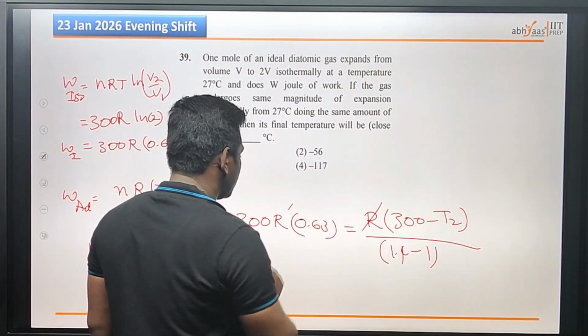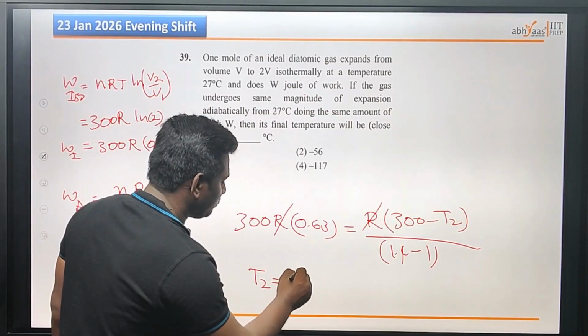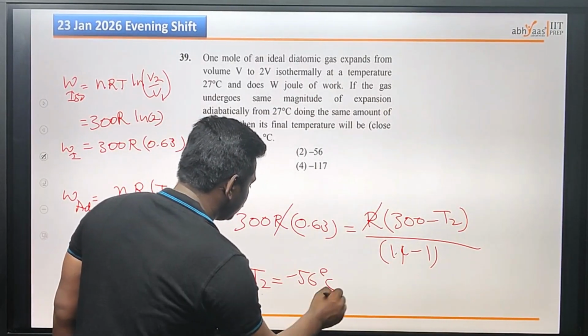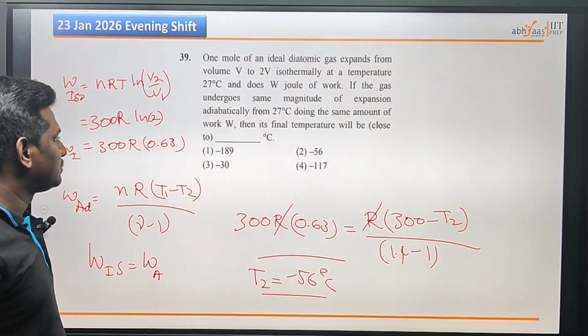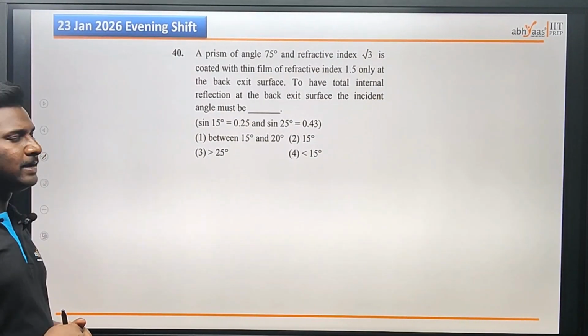So R gets cancelled. If you find T2, you will get minus 56 degrees centigrade. Minus 56 degrees centigrade. This is our final temperature. Next question. See here.